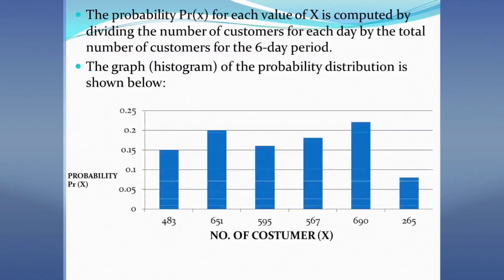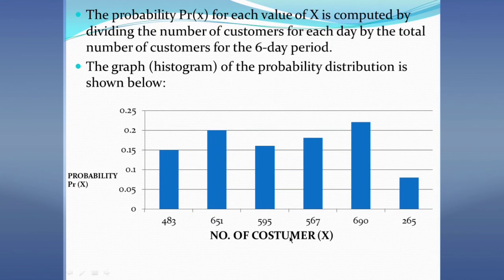Okay, so ito na po yung histogram natin. The probability of x for each value of x is computed by dividing the numbers. Ito na po yung sinabi ko sa inyo kanina. So, computed by dividing the number of customers for each day by the total number of customers for the 6-day period. So, the graph or histogram of the probability distribution is shown below.